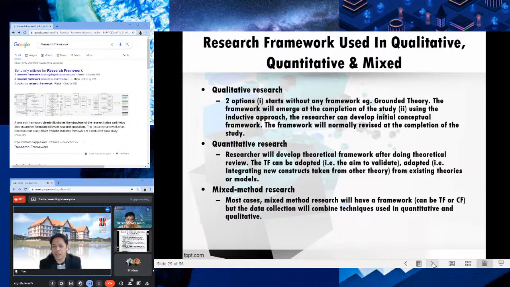For quantitative research, of course we need to look into data. If you remember the slide, the diagram, the data is more specific to support whatever analysis we conduct. Normally with quantitative research, the researcher will develop the theoretical framework after doing the theoretical review.